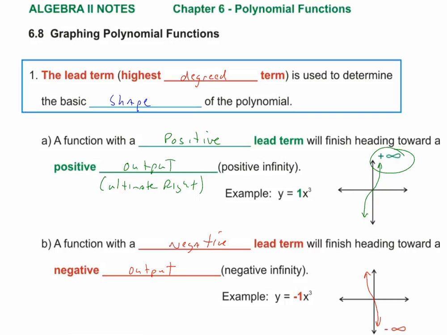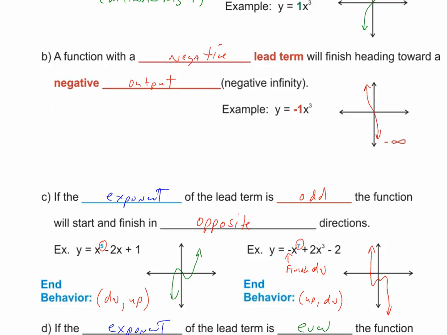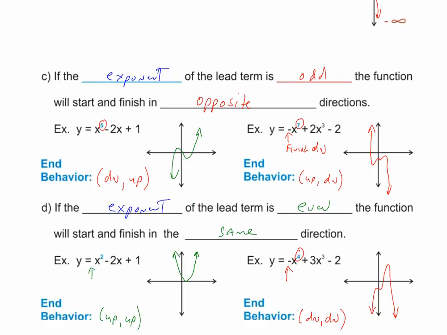Another thought was also the aspect of whether the lead term had an even exponent or an odd exponent. Even exponent said it starts and finishes the same way. Odd exponent, it starts and finishes in opposite directions. So this begins to give us a picture of what we can expect of the shape of the graph.